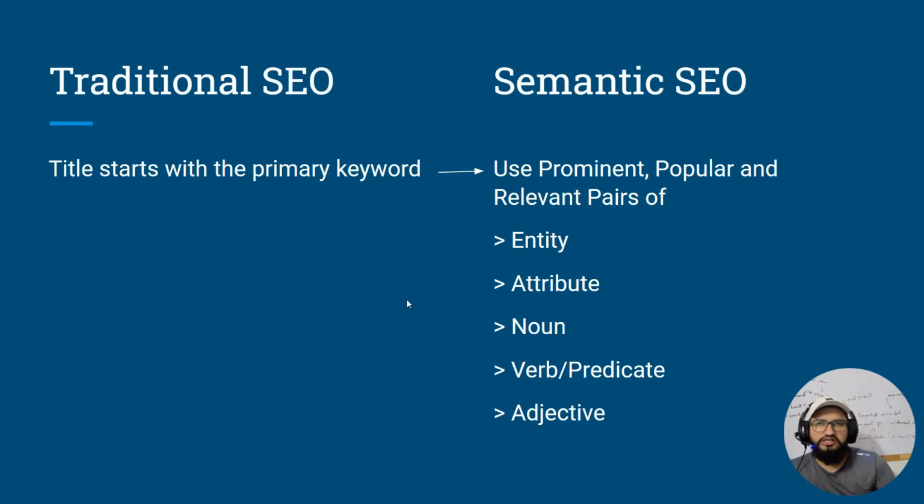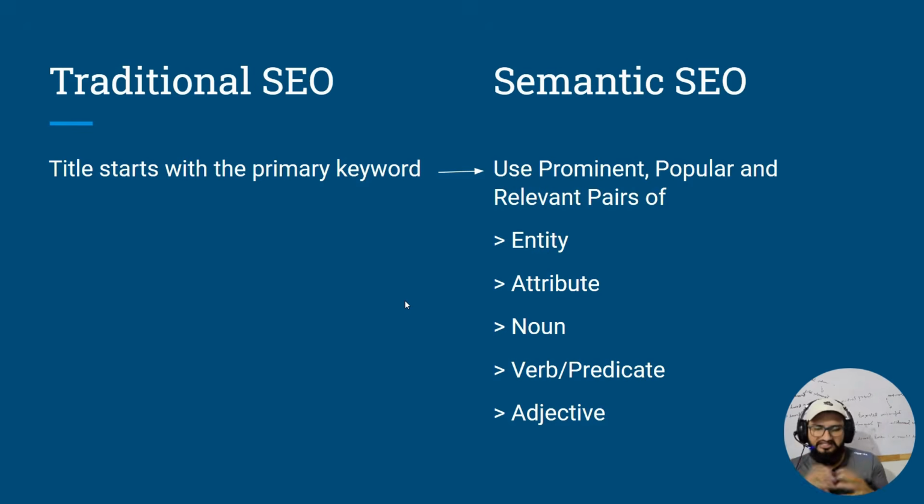Food is an entity and a noun as well. Shipping itself could be an entity, and when it combines with food, like food shipping, shipping could become an attribute of food, and together they could become a noun as well. Food shipping could become an entity as well.